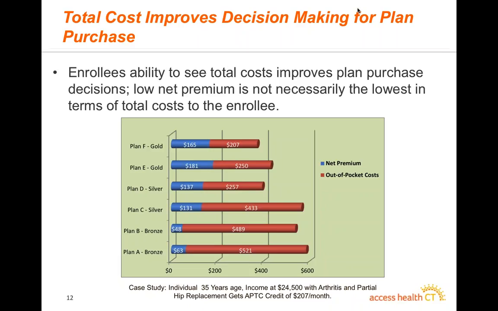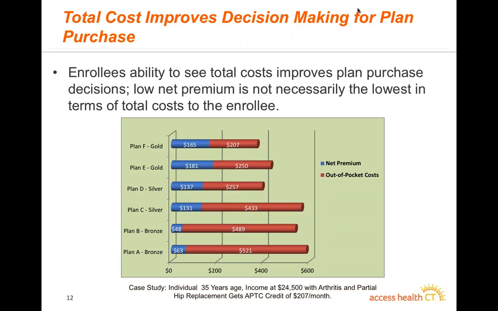Let's say your federal poverty line, FPL, is 250 or 300, and you could still get some subsidy from the government. And what you are going to do is look at the net premium, which is the blue line. So you would say, hey, plan A and plan B both are bronze.